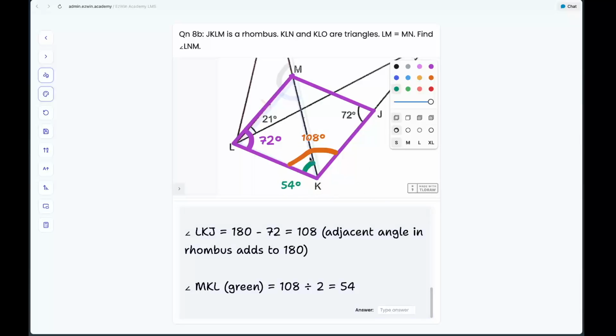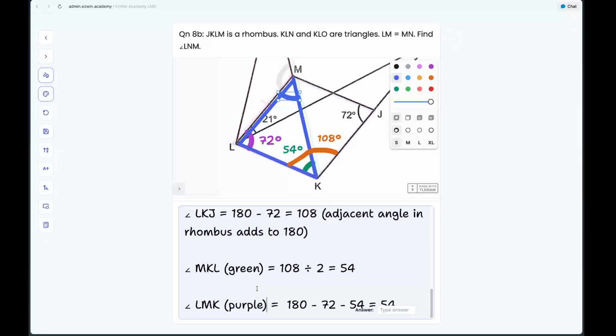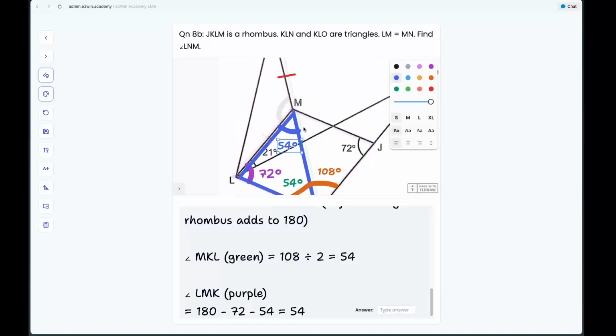Okay, since we know the angles for these two, green and purple, we can finally get the purple angle, which is LMK. So for the purple angle, we just have 180 minus 72 minus 54, and this will give us 54 degrees.